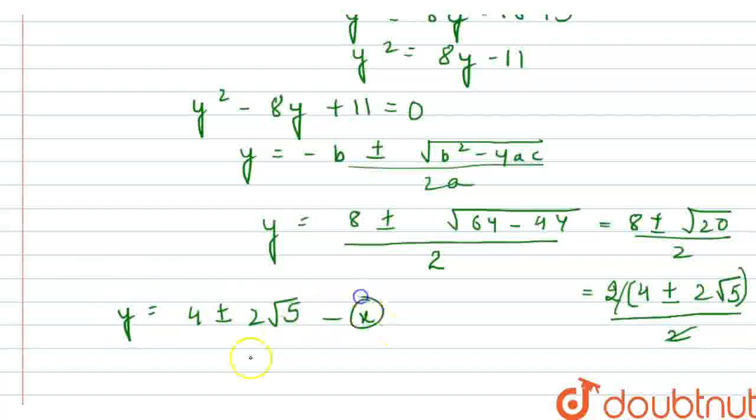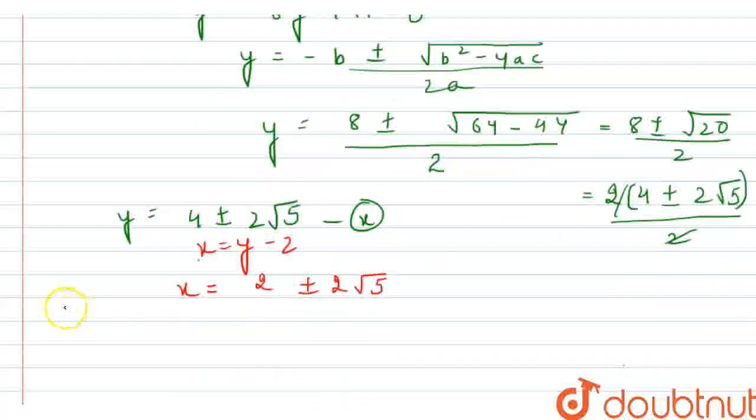Let it be equation number 4. Since we know that x is equal to y minus 2, substituting the values, I'll get the value of x, which will be equal to 2 plus minus 2 root 5. These are the points of intersection Q and R. So what is the point Q?